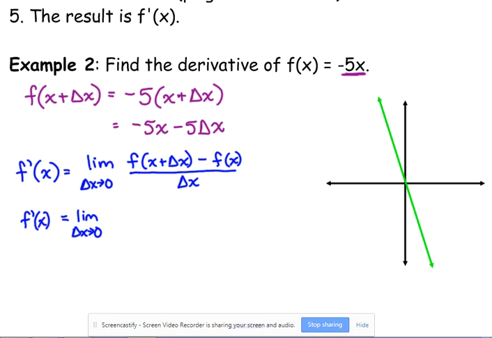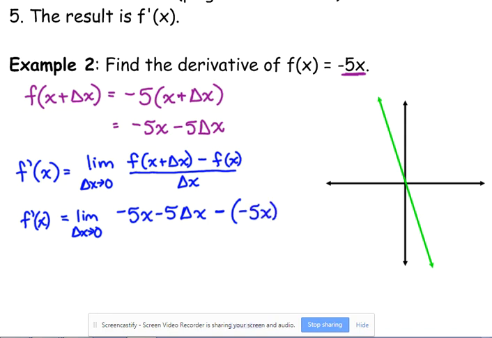So f of x plus delta x, we simplified to be negative 5x minus 5 delta x. Then it's minus, and I'm going to put a set of parentheses because I've got a minus. Anytime I have a minus and a function's going to follow it, I need to put a set of parentheses because most of the time I'm going to have to apply that negative to more than one term.